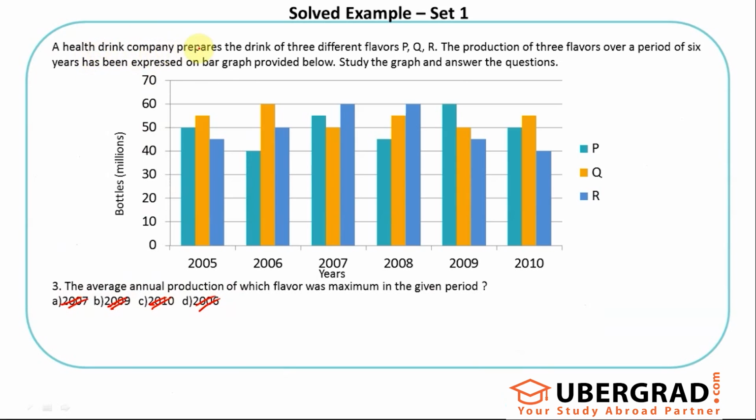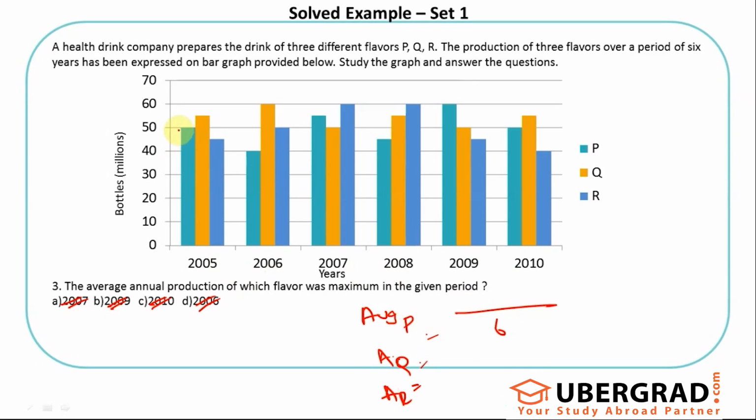So a health drink company compares the production of 3 different flavors P, Q, R. We have already seen this, right? The average annual production of which flavor was maximum in the given period? All I need to find is the average of P, average of Q, average of R. There are 6 years, so I need to sum them up and divide by 6.